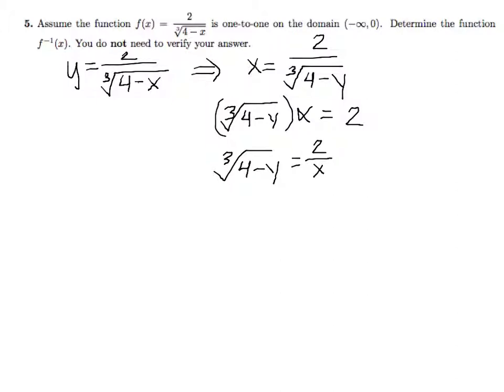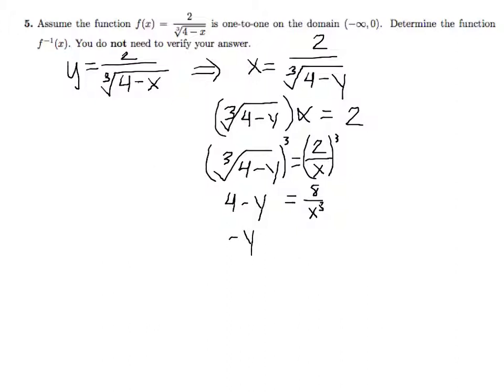Let's cube both sides to get rid of the cube root. So we'll cube the left and the right. So we're left with 4 minus y on the left equals, make sure the cube goes to the 2 and to the x, so 2 cubed is 8 divided by x cubed. And we need to subtract the 4 from both sides.